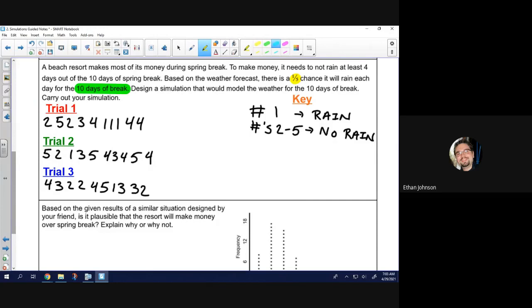Reading more of the problem says to make money, it means to not rain at least 4 days of the 10 days. So 4 of the 10 days have to be not a 1.